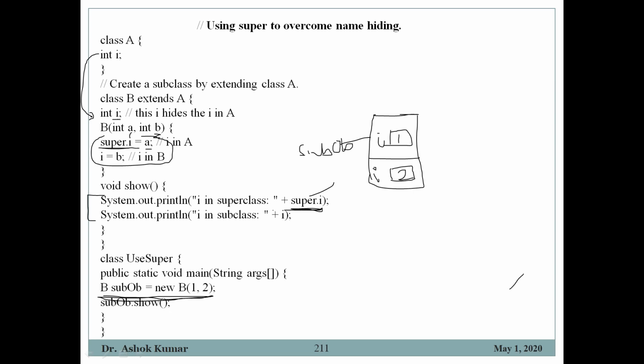And if you want to print the value of the i that belongs to the class to which this show method belongs, you will get 2 in this case. So this is the second use: super can be used to access those members of the superclass which are hidden by the subclass instance variables.